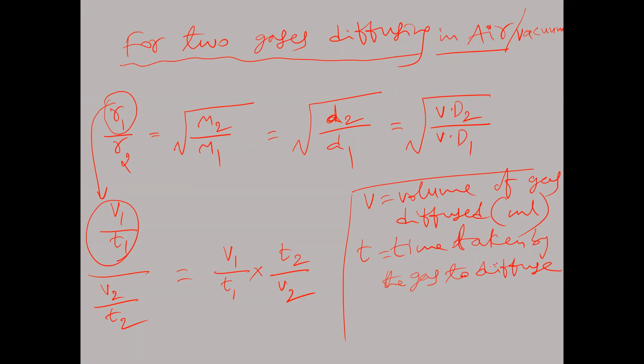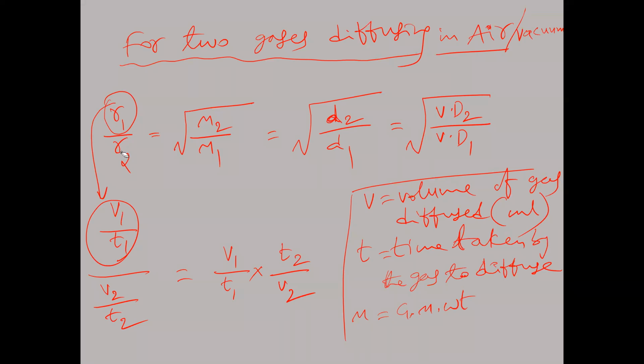Capital M is the gram molecular weight, or gram molecular mass, small d is the density, and VD is the vapor density. In this way, we can take the relation between R and M.